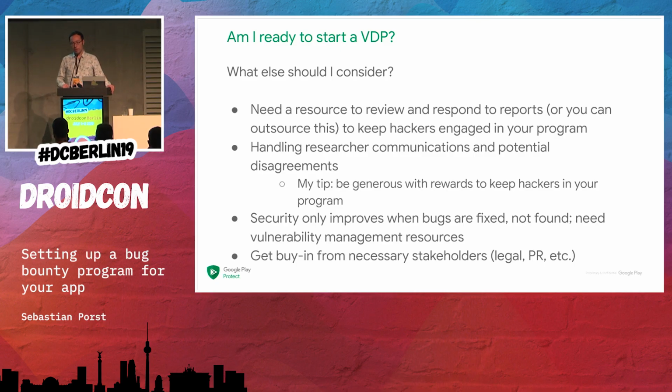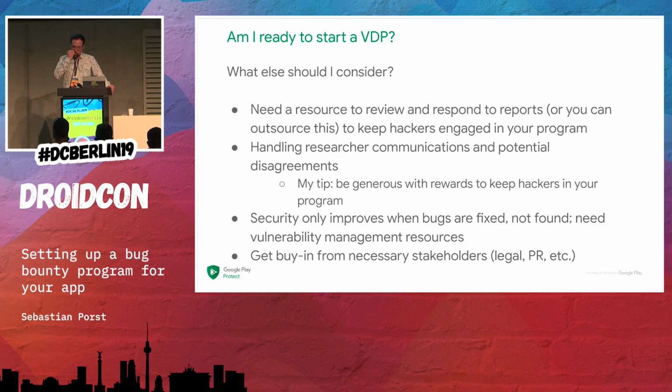You also need to handle potential disagreements, and there's going to be a lot of disagreements. Is the security researcher going to get $5,000 for a report, or are they going to get $0 for a report? That's why you need to have, ideally, a very tight and well-defined policy about what the rules of engagement are, what is in scope, and so on.